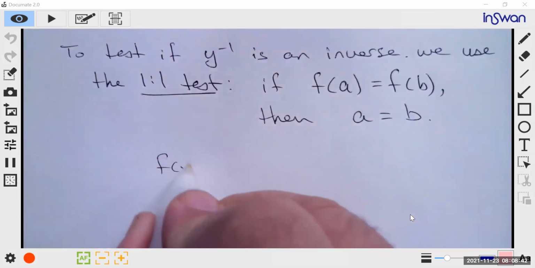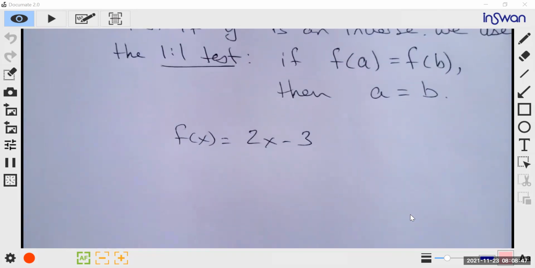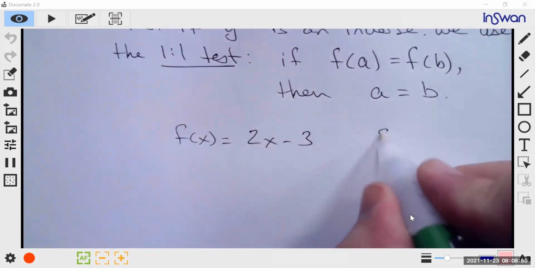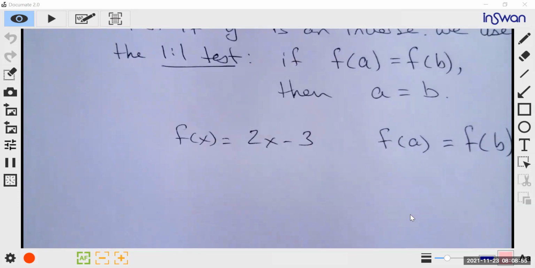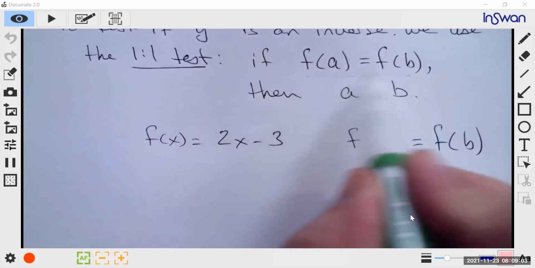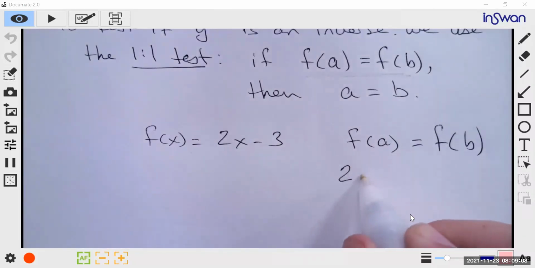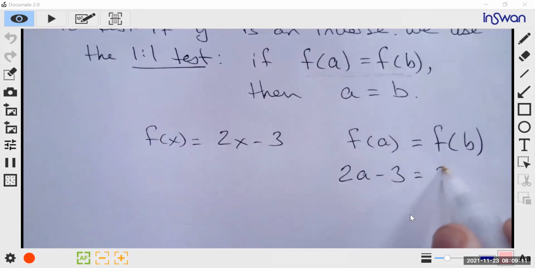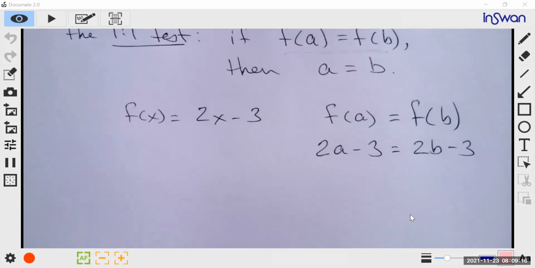So we have our function f of x equals 2x minus 3. We have to show this. We're assuming that f of a equals f of b. So here's our function. So we have 2a minus 3 equals 2b minus 3, because in place of x, I put a and b. And work them out.